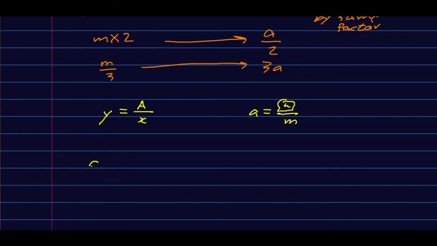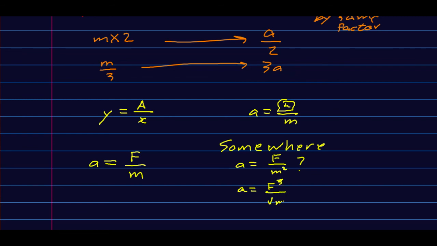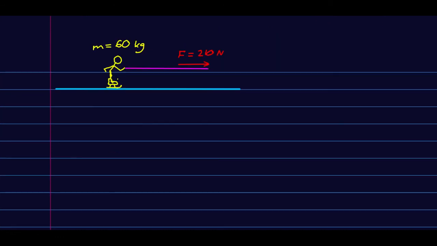We can write that the acceleration is proportional to the force and inversely proportional to the mass. And note, it's experiment that tells us this. Maybe there's another universe somewhere where the laws of physics there say that the acceleration is a force divided by a mass squared. Or maybe the acceleration is a force cubed over a square root of a mass, right? But not in our universe. Experiment shows this.